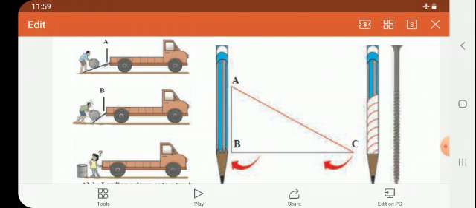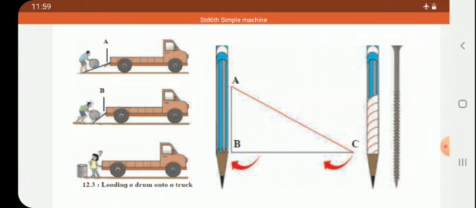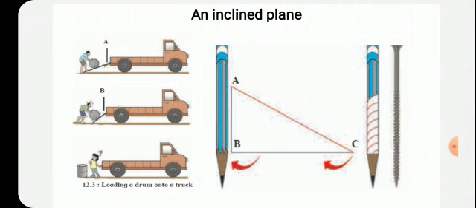After that, bind the paper around the pencil. You will observe, come to the picture near the nail, that the red line AC, when the paper was wound around the pencil, has a groove-like structure.